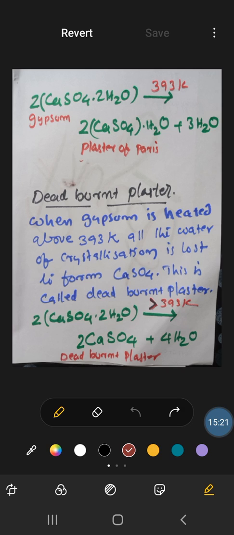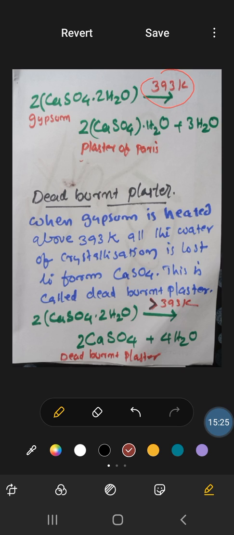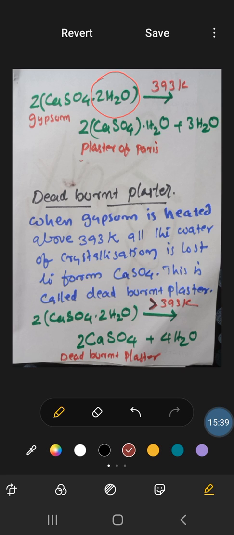So this temperature is very important because if you heat the gypsum at a temperature higher than 393, then what happens? All the water content, all the water of crystallization from the gypsum will be lost.